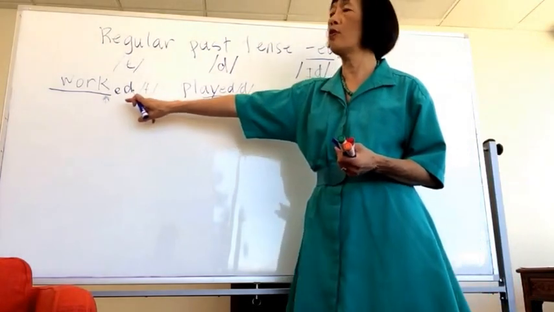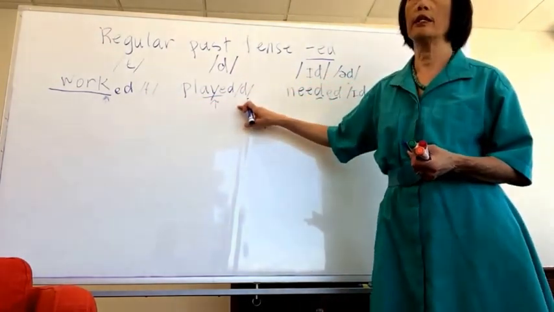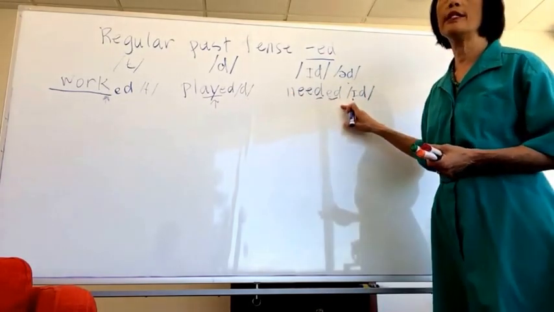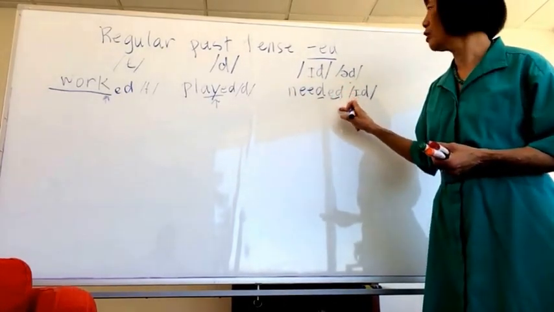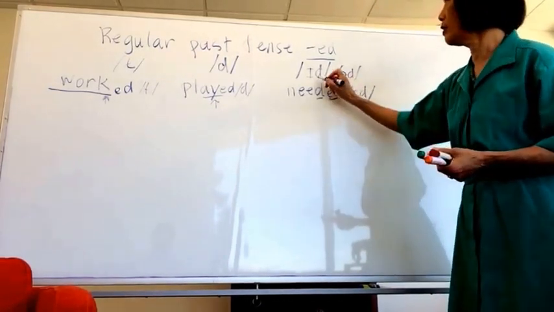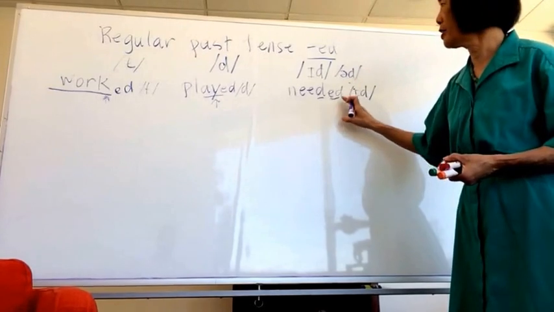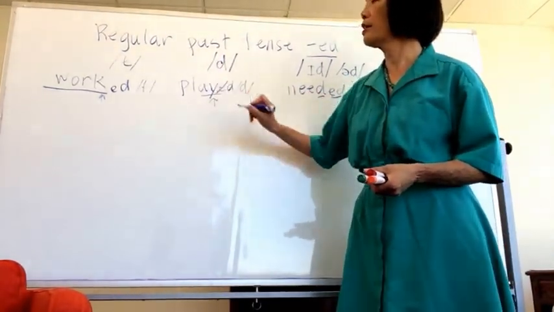So we have example, worked, played, needed. This is the only one with an extra syllable, so the vowel sound needs to be pronounced. Either id or ud, it doesn't matter, just a sound here. But when we pronounce d, this e doesn't get pronounced.